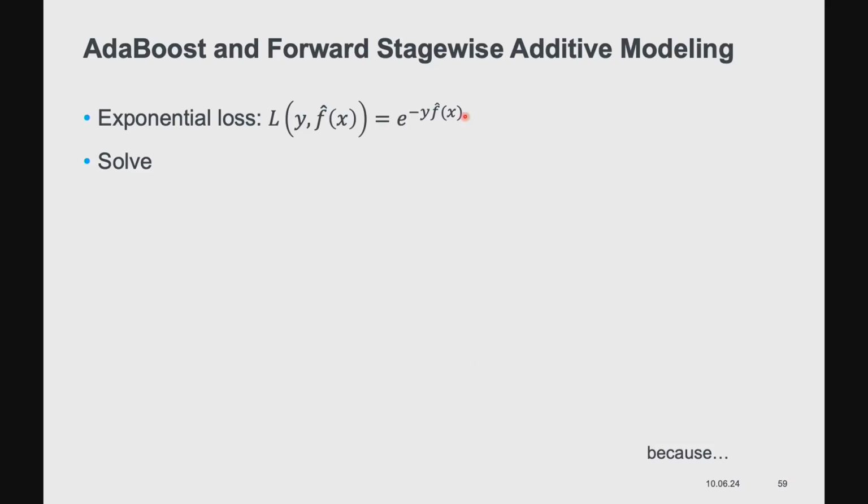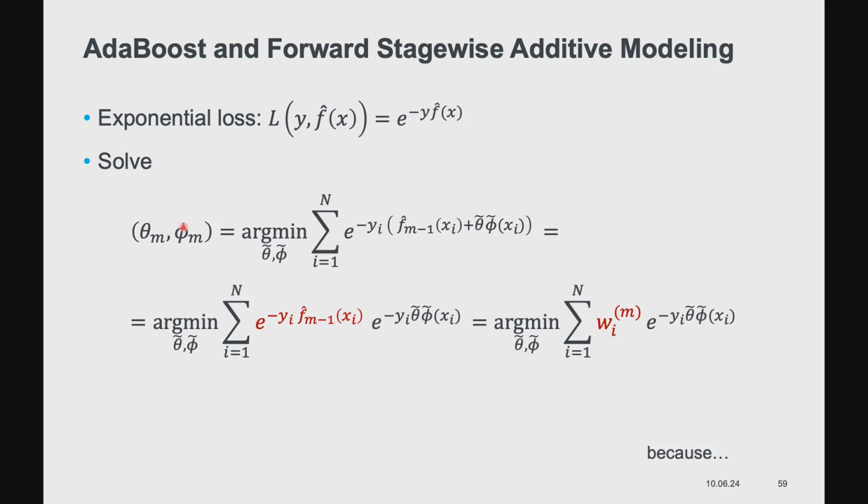So we have the exponential loss described as I said. And now this is this minimization I've showed you before. Now let's look at these terms. The idea is that if we have this term of the previous prediction and the new added prediction, the previous prediction can be thought of as a kind of weight. This is the weight for the basis function m given our data point i.